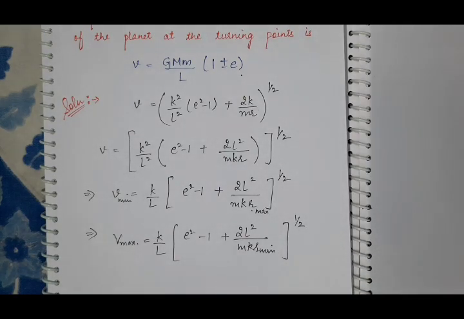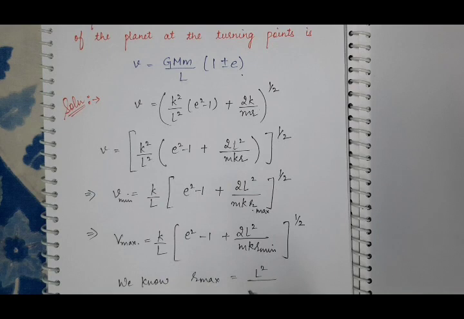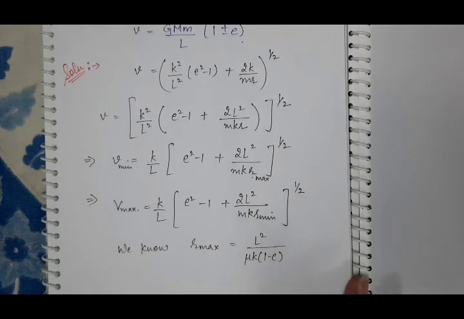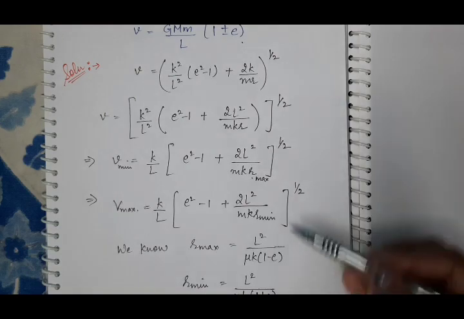We have just calculated it in the previous numerical. The expression of R maximum in terms of eccentricity was L square by mu k into 1 minus E. Instead of mu, we have m, since the mass is m. And R minimum is L square by mu k into 1 plus E. So put both of these values in these expressions.